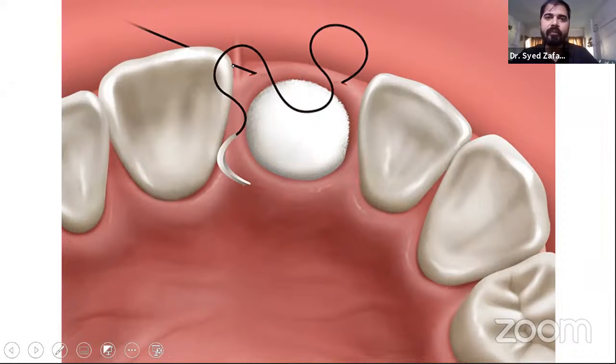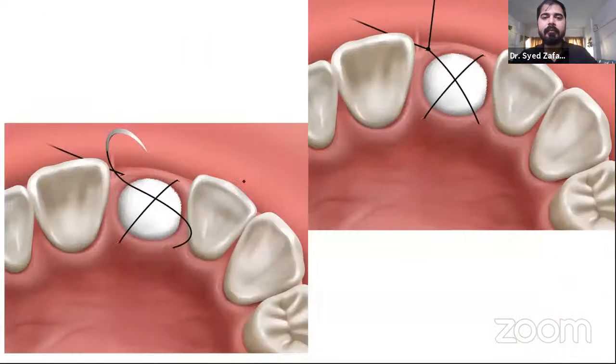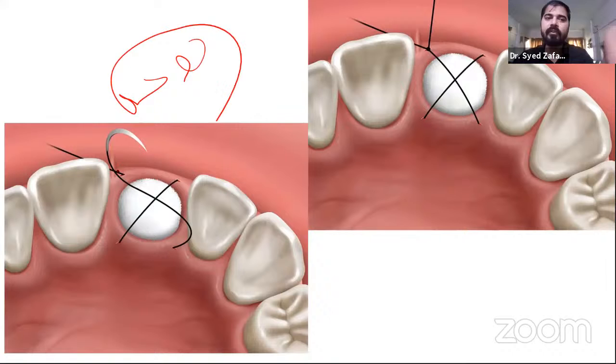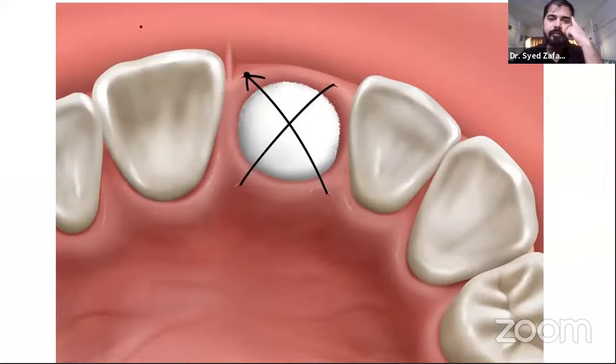Hopefully this picture is clear to everyone. Then we are going to the mesial side, then the distal side, then we add the knot, two clockwise and one anti-clockwise. You already know the principle. This will hold the collagen sponge in the socket.